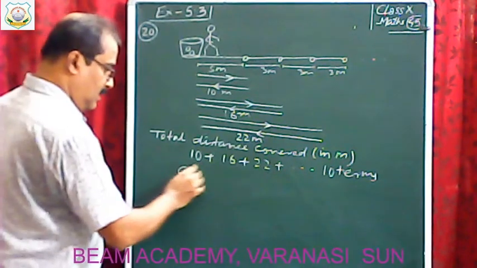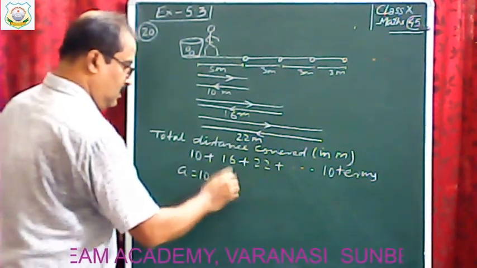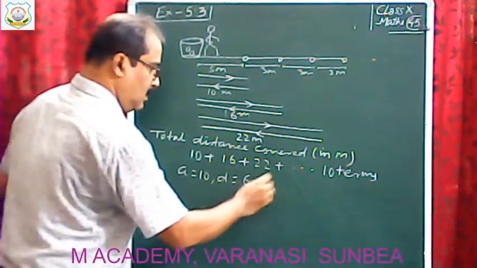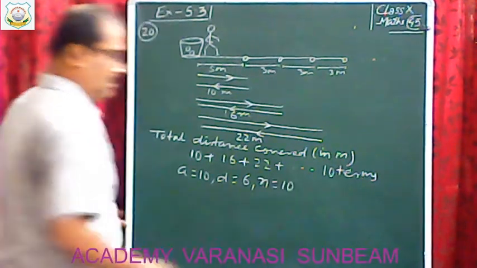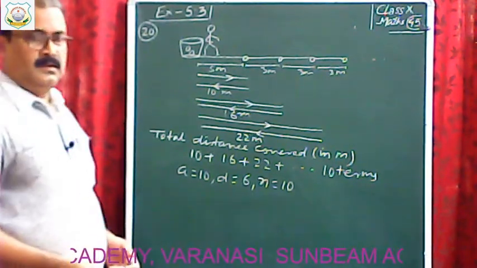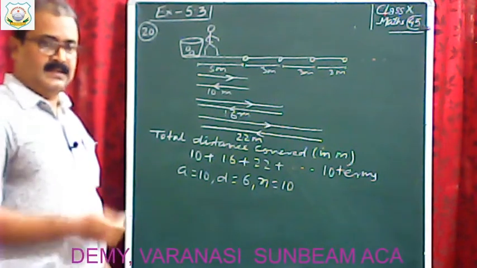We get a equal to 10, d equal to 6, n equal to 10. You have to find the total distance, S10.